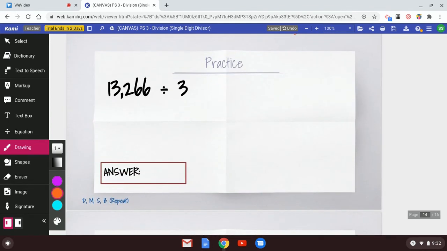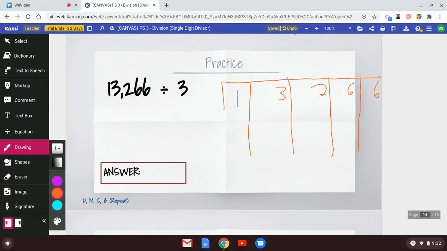All right, welcome back. I am going to do the modified box method, whatever, the horizontal way instead of vertical. All right, get a different color here. 3 goes into 1 0 times.